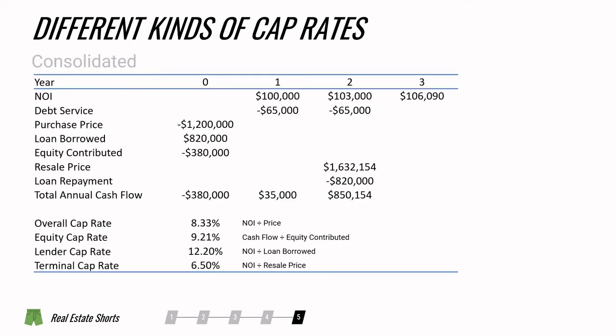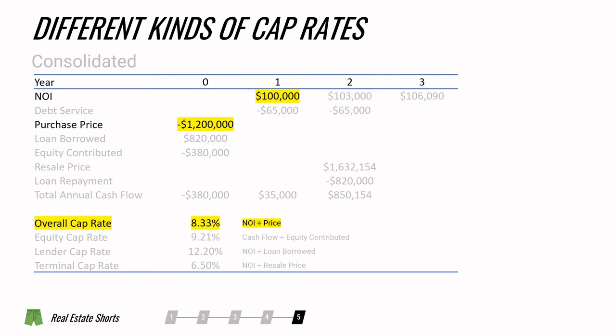So just to begin to wrap up, I thought it'd be important to take a look at how each one of these different cap rates plays into a snapshot pro forma. In the top half of this pro forma, we have all the estimated cash flows: NOI through time, purchase price, leverage, equity, and the amount of cash flow that we actually generate after debt. And then down at the bottom, we have each one of the different cap rate measures.